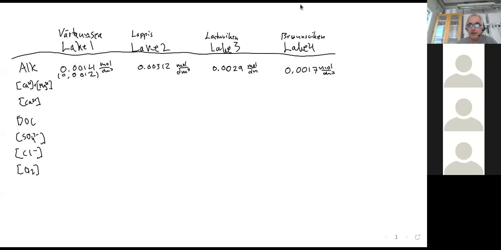Let's see some calcium and magnesium now. Actually, the same as with Molly on the whiteboard, what was written for Lake 4 was 0.0152, so one order of magnitude larger. I'm not sure. Yeah, that's what my photo says. That's wrong, I think it was my bad.